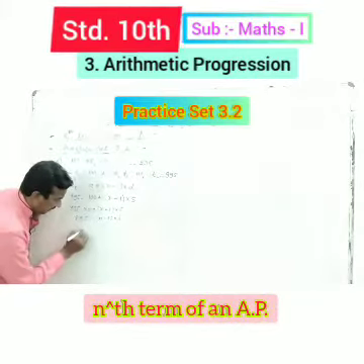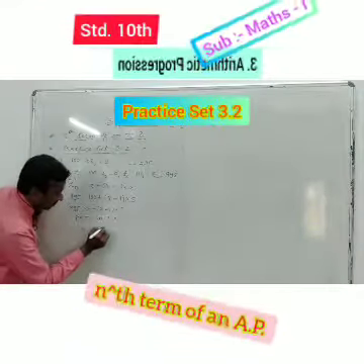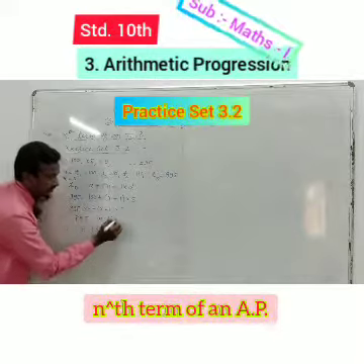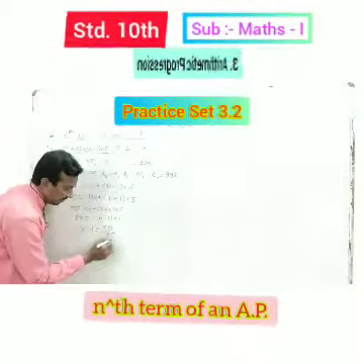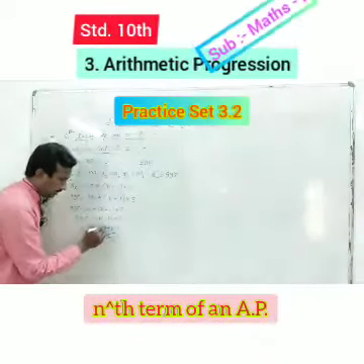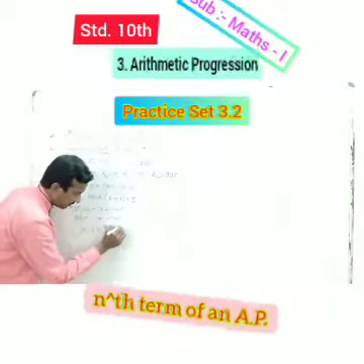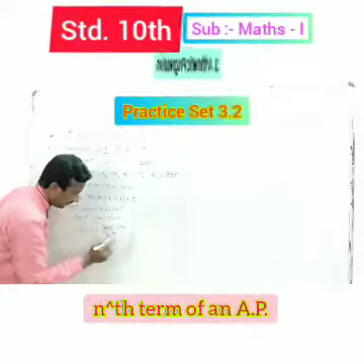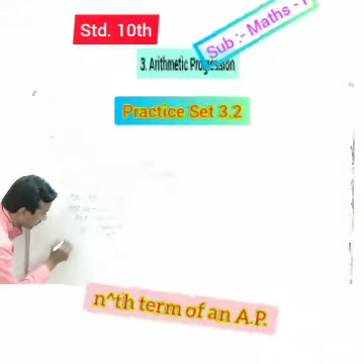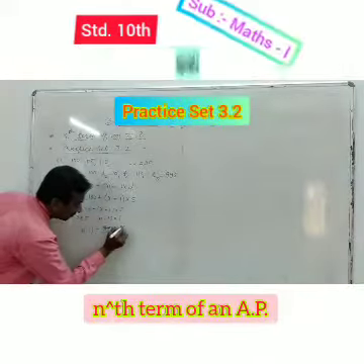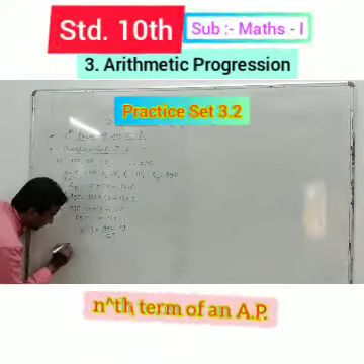Therefore, we can write n minus 1 is equal to 895 upon 5, as the 5 goes to the other side. 5 ones are 5, 5 7s are 35, 5 9s are 45.